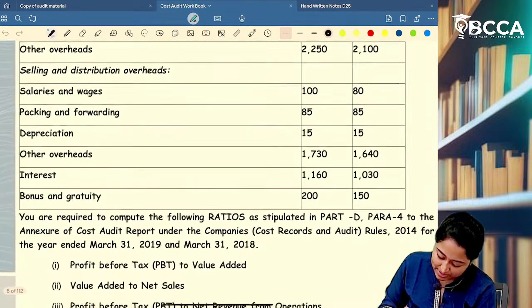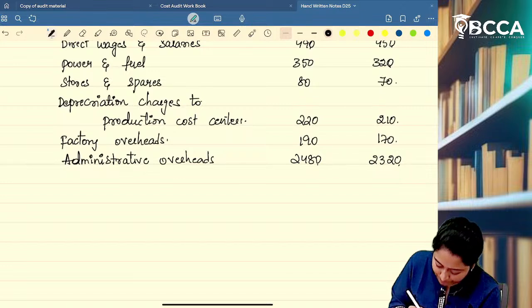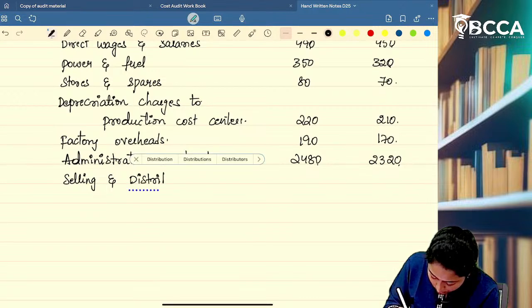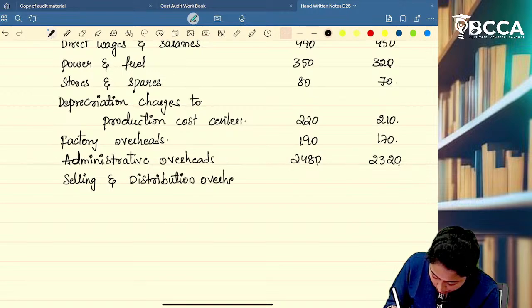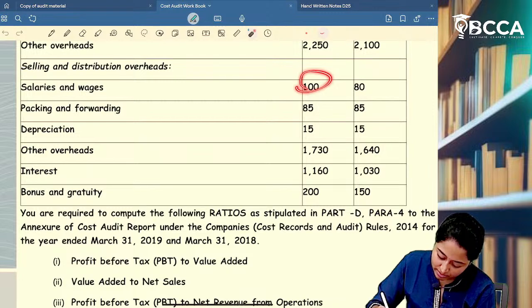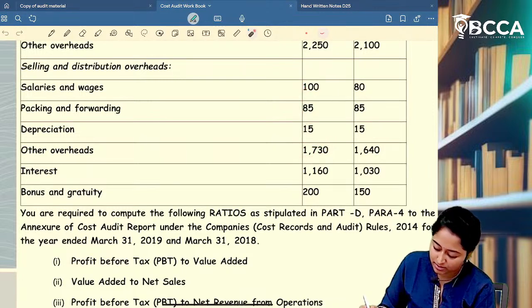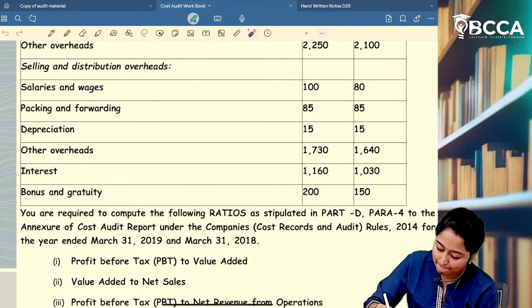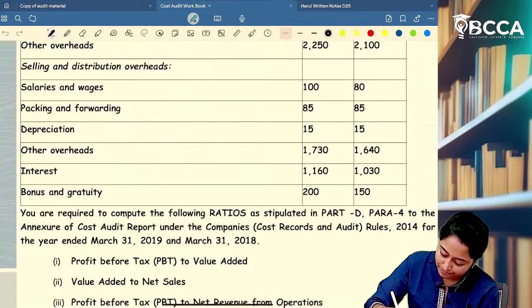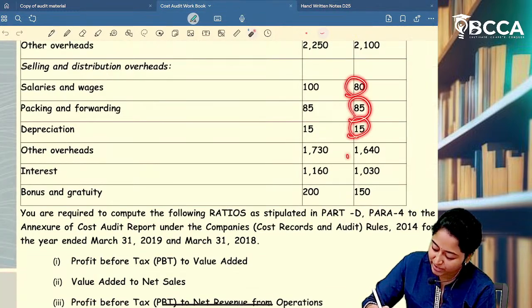Now next, selling and distribution overheads. $100, 85, 15 and 1,730. Here 80, 85, 15 and 1,640.